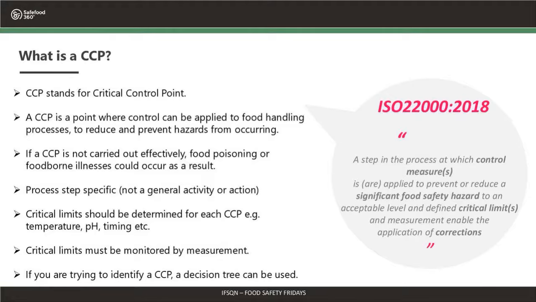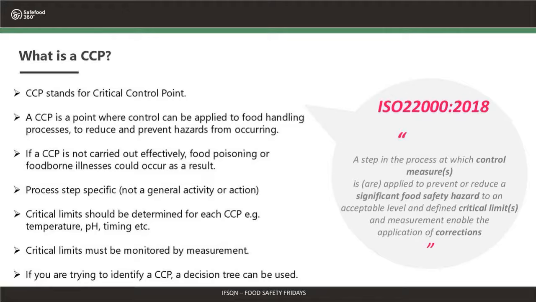So again, just as mentioned, a CCP is a point or a process step. So it's specific to a process step that you have. It's not a general activity like cleaning or anything like that. It's process step specific. As mentioned, critical limits have to be defined.